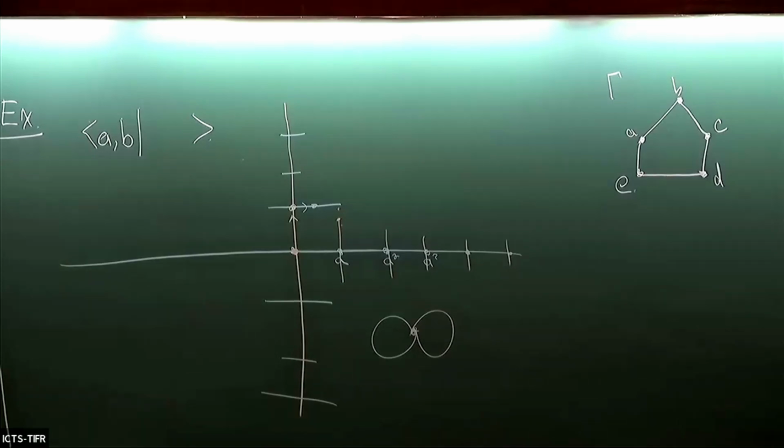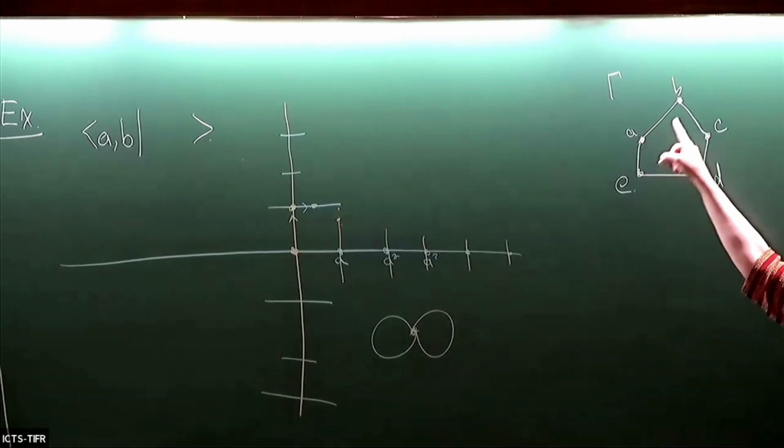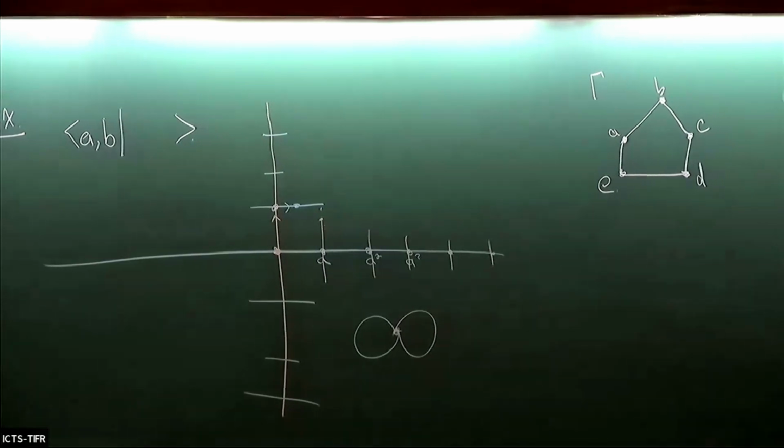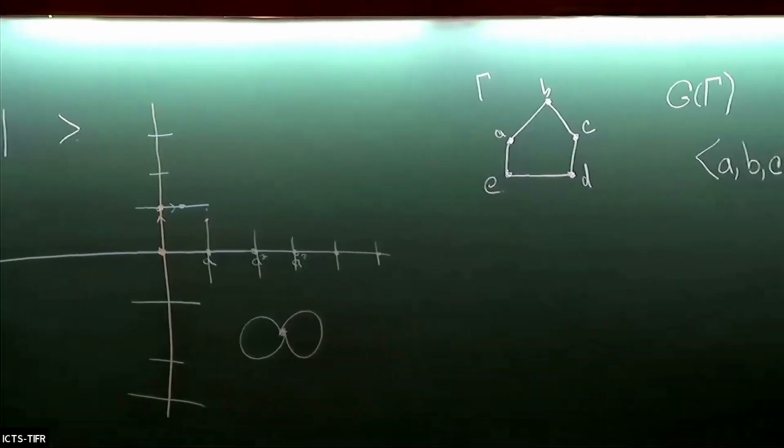So each generator has order 2, and the generators commute exactly when there's an edge between them. For example, BC equals CD equals DE equals 1.